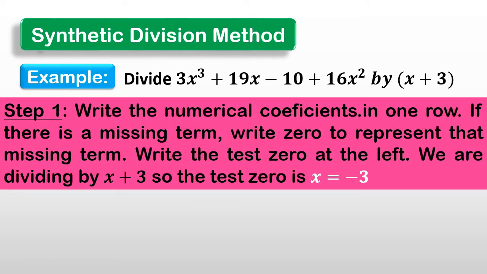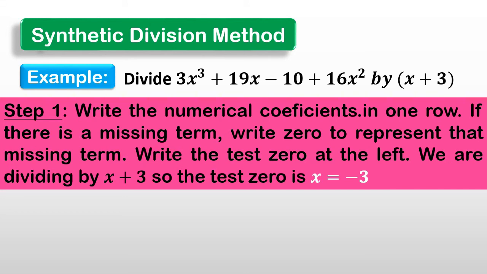Step 1. Write the numerical coefficients in one row. If there is a missing term, write 0 to represent that missing term. Write the test 0 at the left. We are dividing by x plus 3, so the test 0 is x is equal to negative 3.